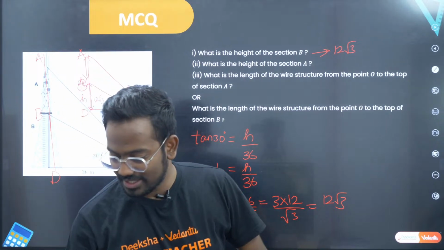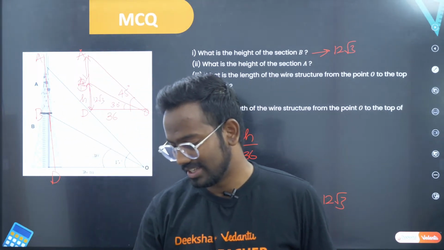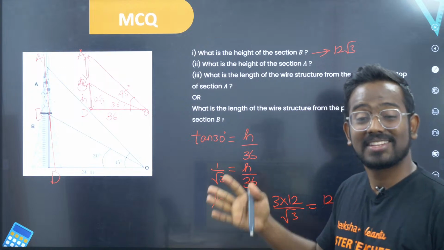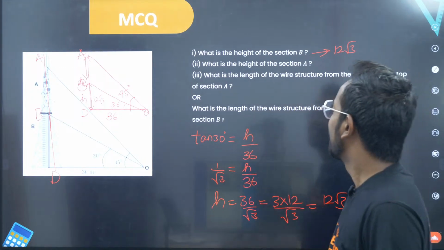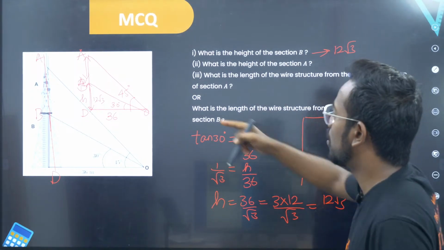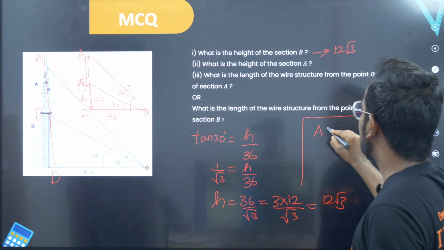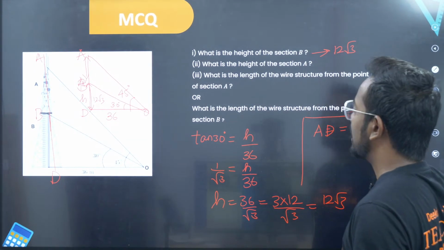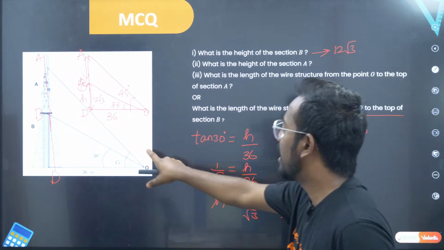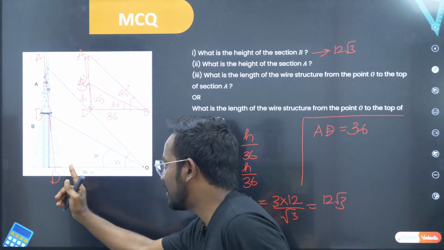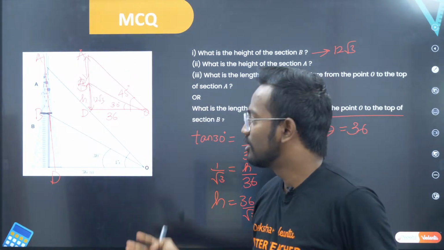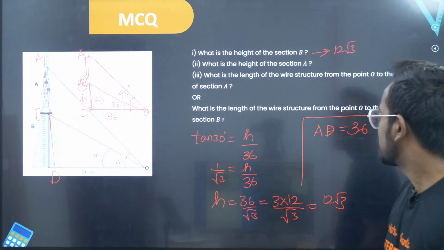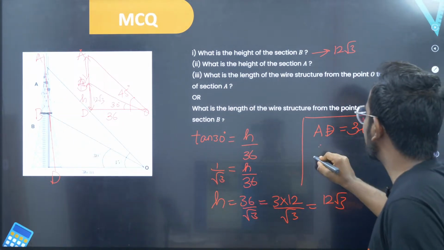Yes, so easy, sir. Definitely you should feel it is easy because they are very easy in fact. Yes. What you can do, sir, the whole distance AD is equal to 36. Why? Because you have tan 45, sir. The adjacent side will be equal to the opposite side. So 36, 36. Well done. So now my job is to find what is AB.